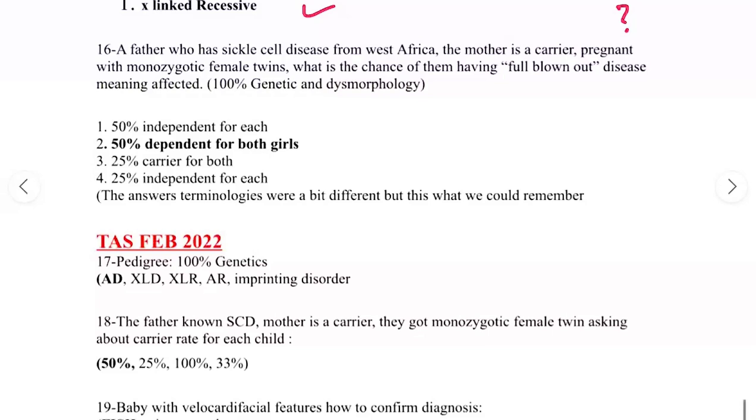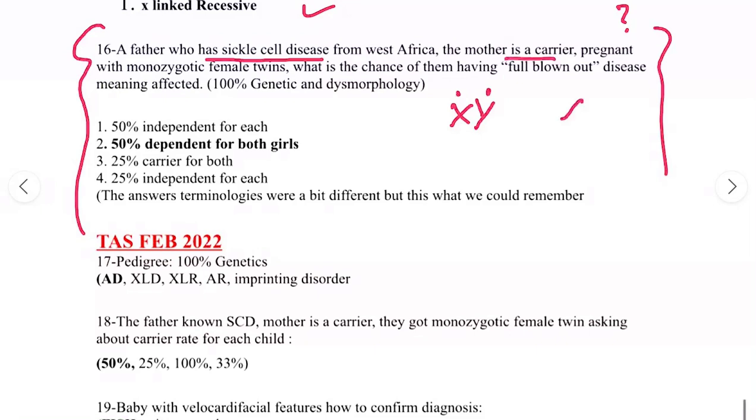Right. The next question, they have told here that this is not a correct option, correct statement of the question. Let us read it. A father who has sickle cell disease, a mother who is a carrier, pregnant with monozygotic female twins.